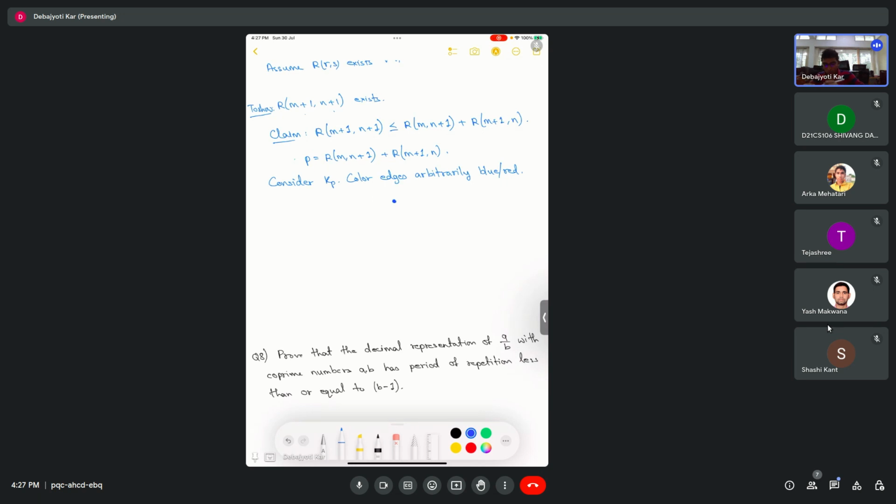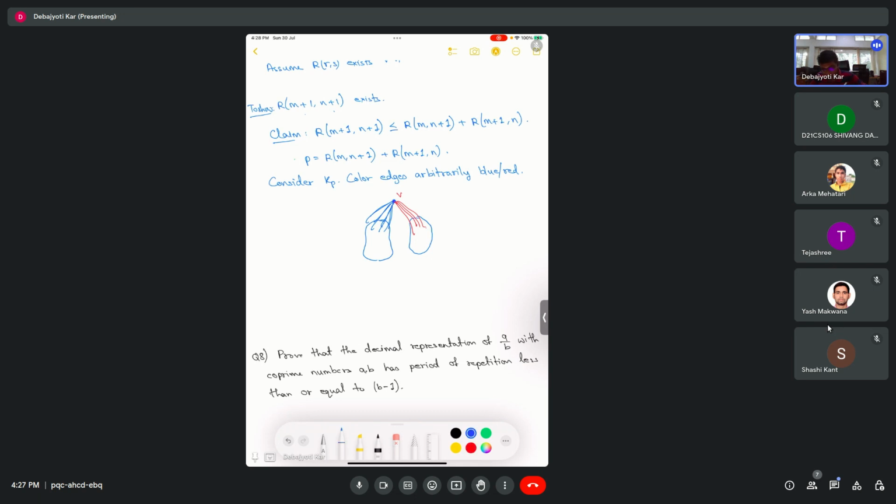So let us group the vertices based on the color. Here we have a set of vertices such that these edges are blue in color, and here we have a set of vertices such that these edges are red in color. So we just consider any vertex v and partition the remaining vertices based on the color of their incident edge from v.